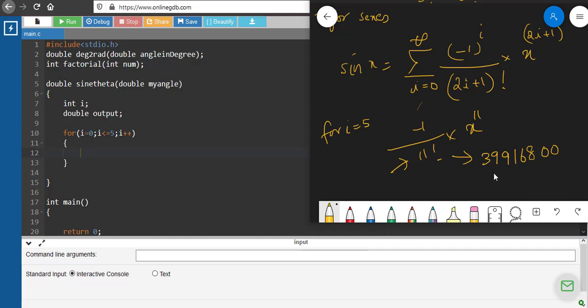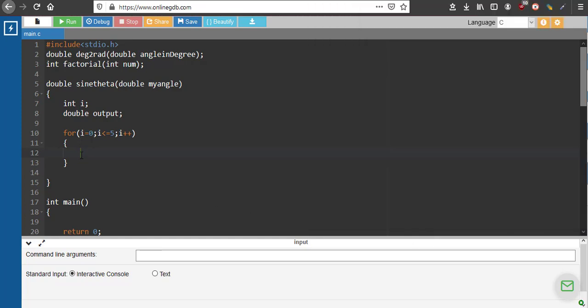There are two reasons. One is that whatever number we are adding to this series will be very small, because 11 factorial is a very huge number. The second is that for factorials of numbers greater than 11 or 12, the integer variable cannot hold them because it doesn't have that much capacity. I hope that is clear.